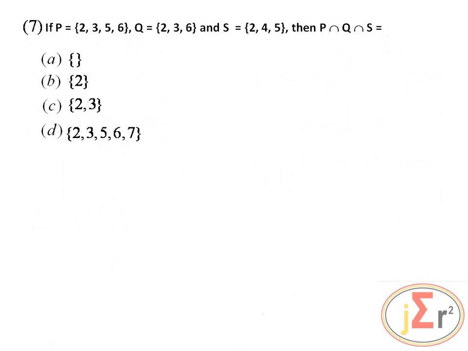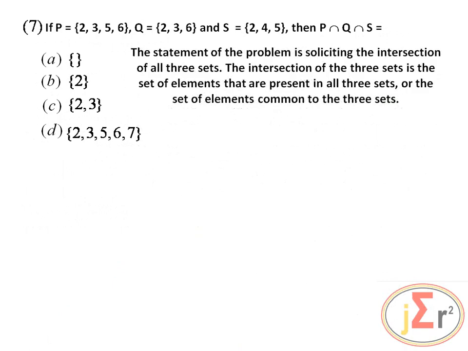For this particular problem, we need to find the intersection of the three sets that are given. And what do we mean by intersection? So the statement of the problem is soliciting the intersection of all three sets.